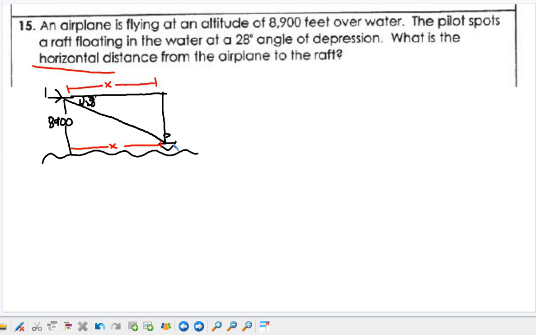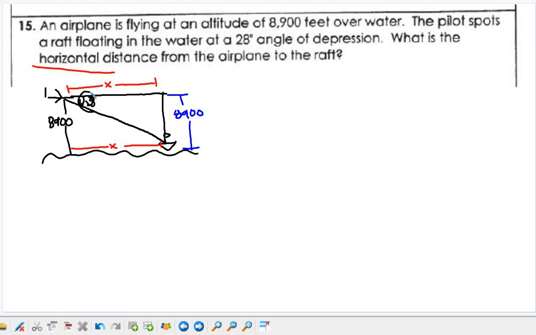It's the same distance. Had they said just the distance, they likely would have been talking about the hypotenuse. So it's important that you note that. So I'm going to do a very similar thing that we did with the other one. I'm looking for this. This is already given, and I know if this is 8,900, this is also 8,900.